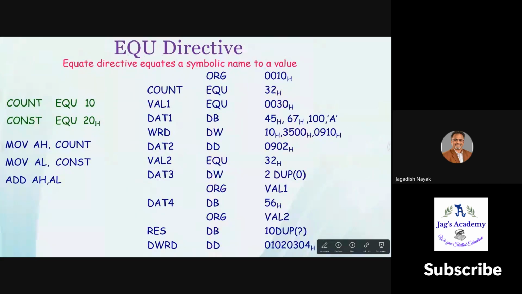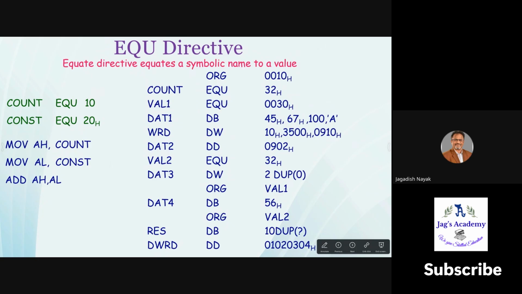Now, there are some EQU directives. What are these EQU directives? This is very important. You must have seen constant declarations in C programming, or something called a preprocessor directive.